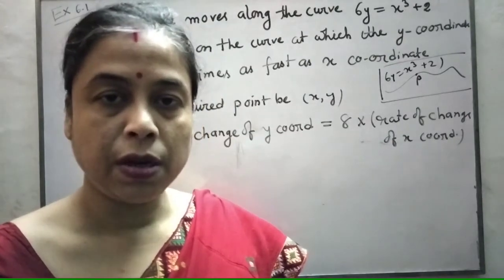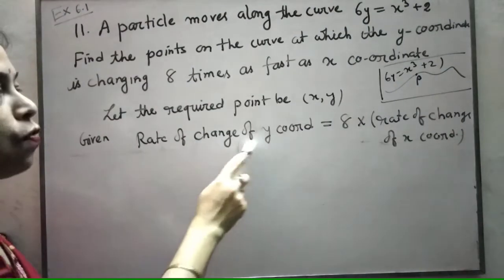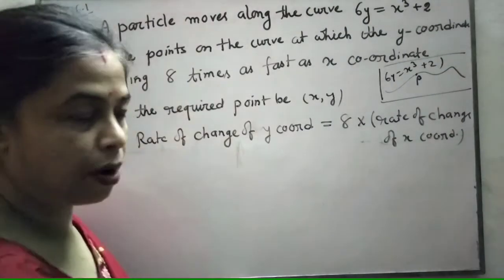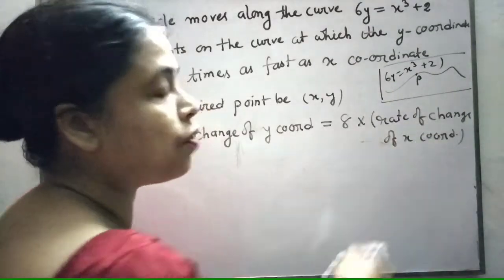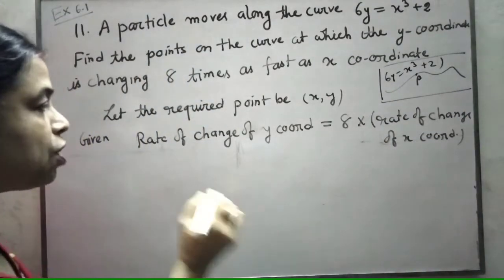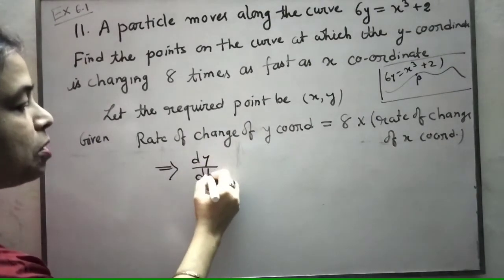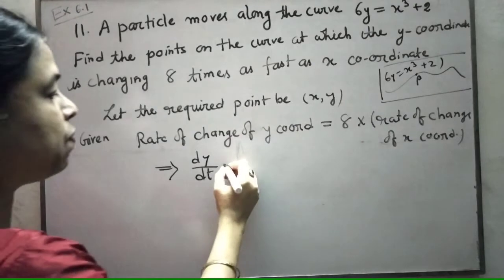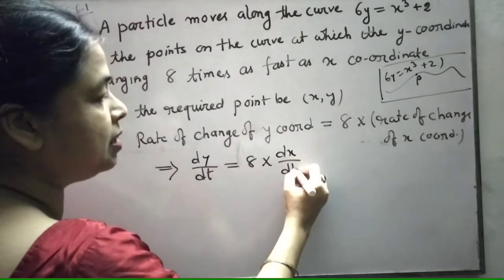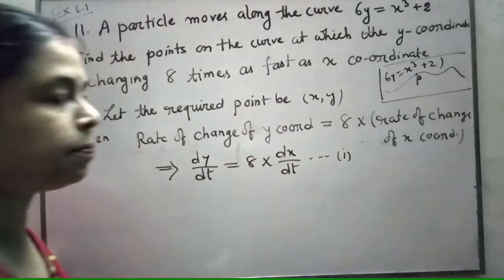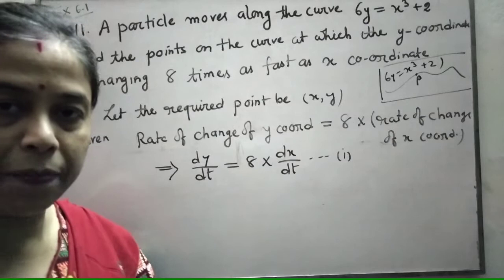The rate of change of y coordinate is 8 times the rate of change of x coordinate. So the rate of change of y we can denote by dy/dt. dy/dt is equal to 8 into dx/dt. This is the relation between the rate of change of x and rate of change of y.